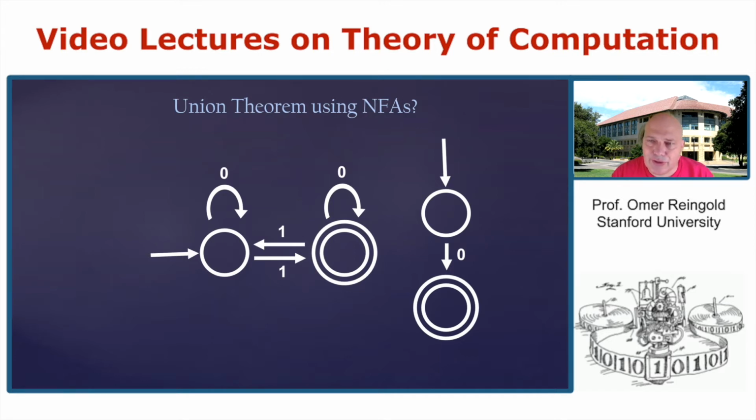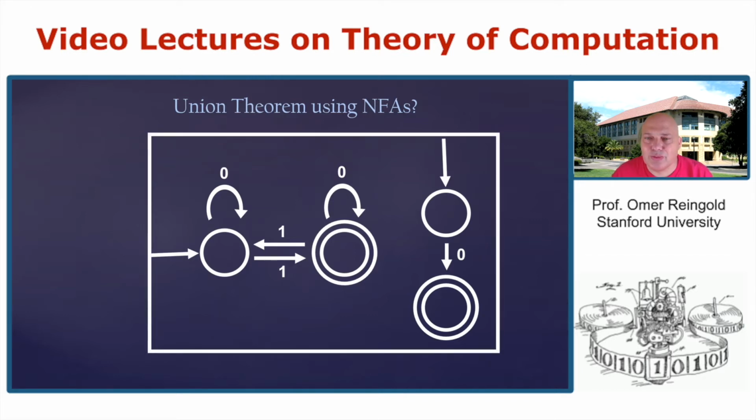I'll ask you several questions in this video, so it makes sense to freeze the video whenever I'm asking a question and try to answer it yourself. So how would you do that? Well, one trivial way of doing it is just to draw a box around it and call it an NFA.